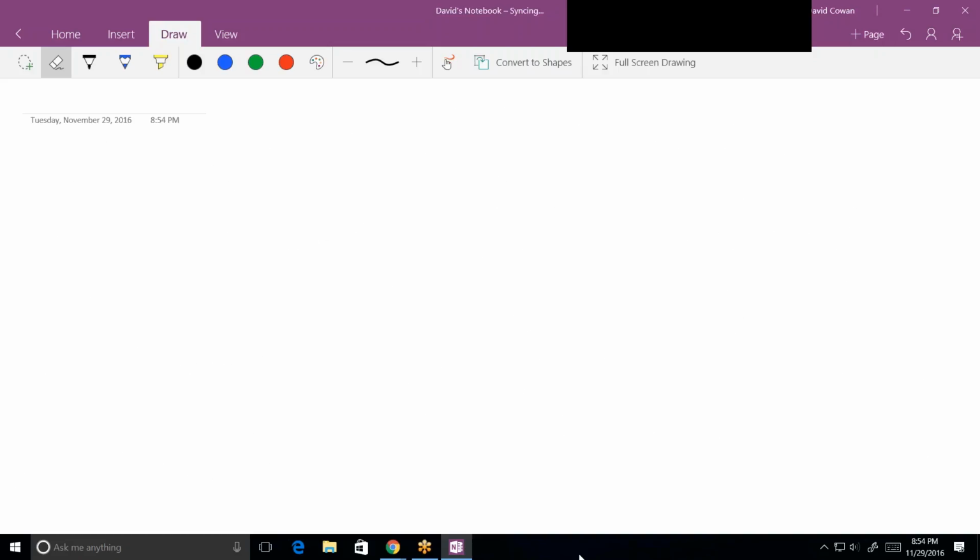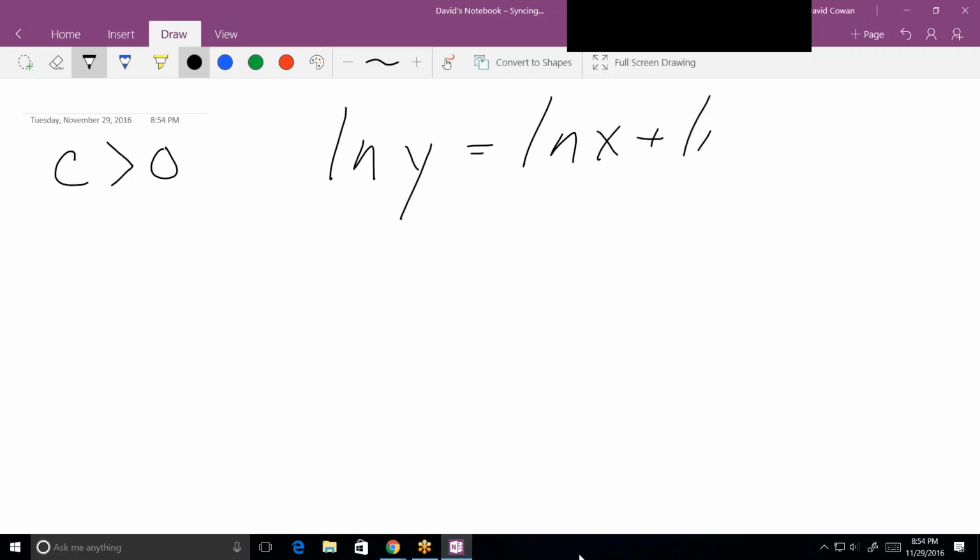So for the directions, it says express y as a function of x. The constant c is a positive number. The first one is natural log of y equals natural log of x plus natural log of c. First of all, how do I combine that into one log statement instead of two?